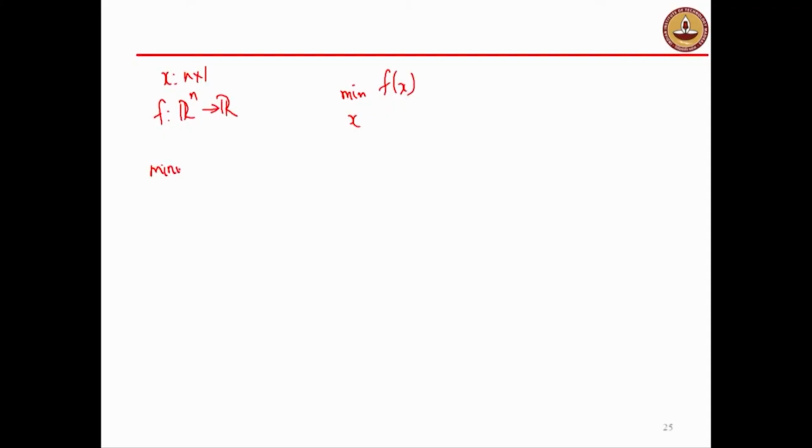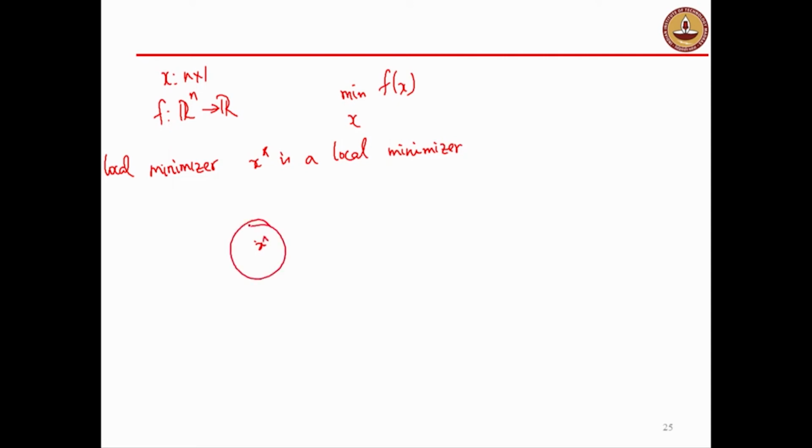Now, first thing is, what is a minimizer? And I am going to assume that f is continuous, smooth and so on, it's just nicely behaved. So, x star is a local minimizer if around x star there is a small neighborhood.